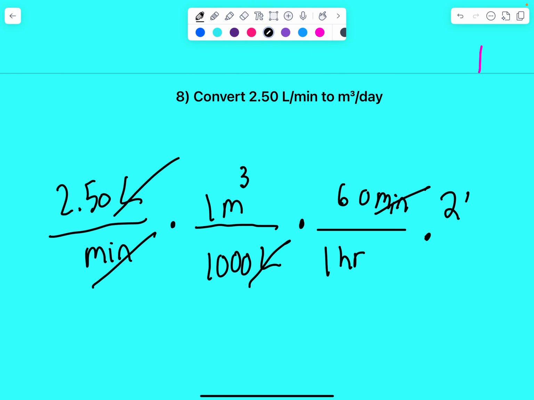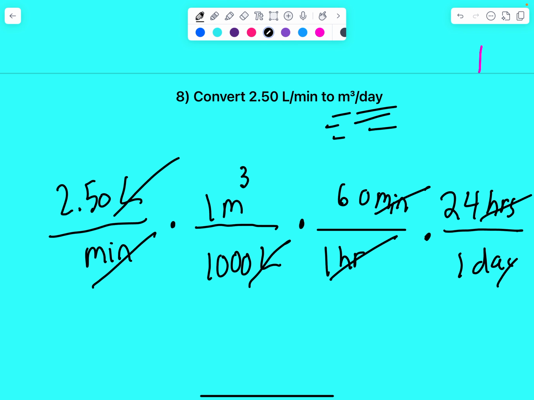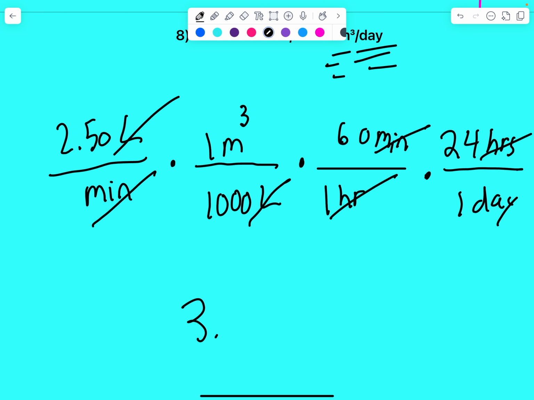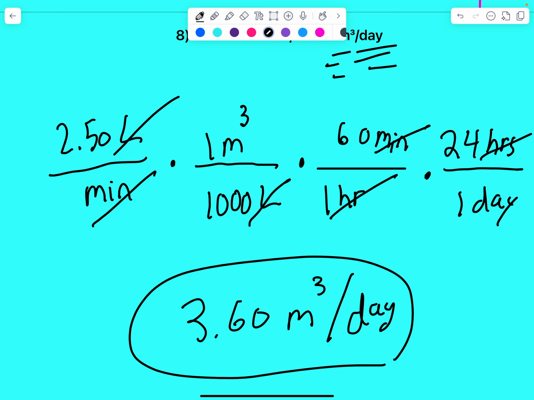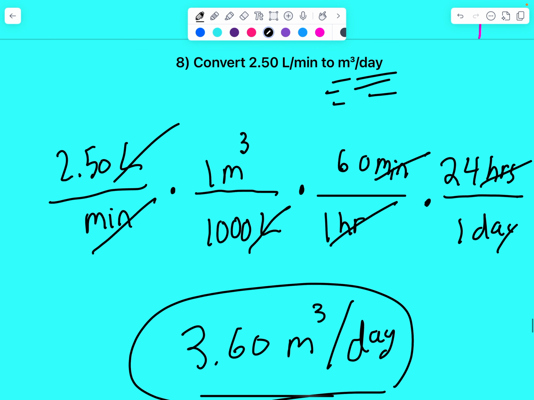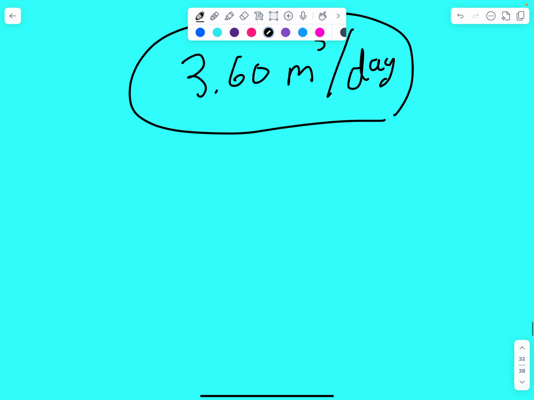But I know there's 24 hours in 1 day. So hours cancels out. Days in the denominator. Meters cubed is in the numerator. So I multiply that all and do some division. And I get 3.60 meters cubed per day. That's a bit of a doozy, but practice makes perfect.